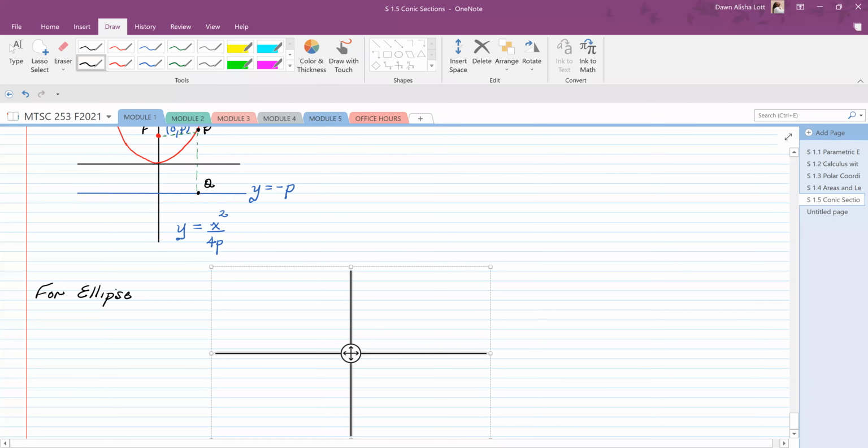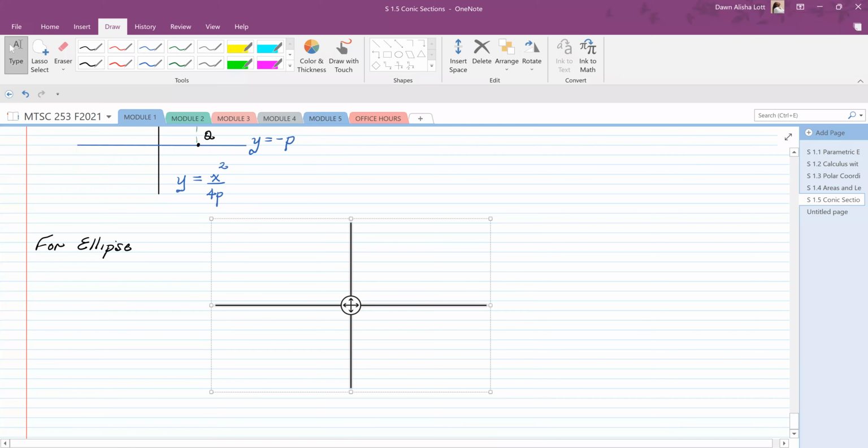So we went out and we had this, these are our vertices and our foci were like this.